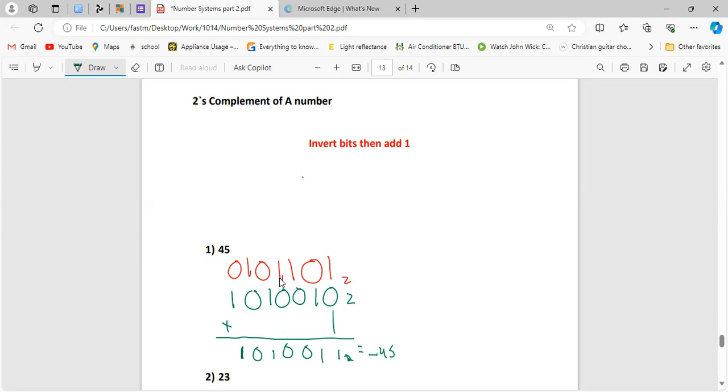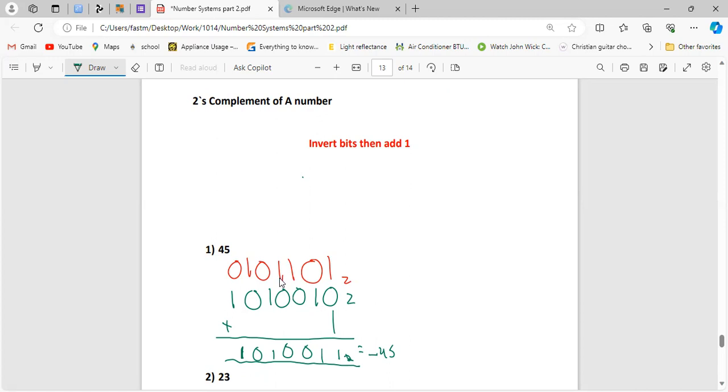If you go and convert this to decimal, you will not get negative 45. Yeah, your computer sees this as negative 45. So if you actually go to convert this, it could be like, but sir, there's negative 17 or something. Yes, but when your computer is programmed to see the two's complement of a number, it will just do the reverse of what you put in, and it will know that it's actually negative 45.